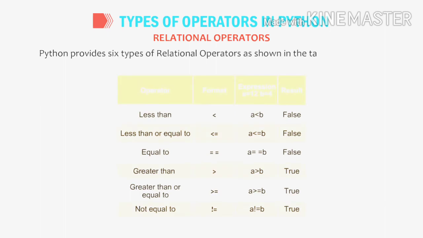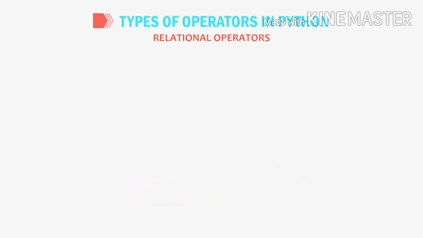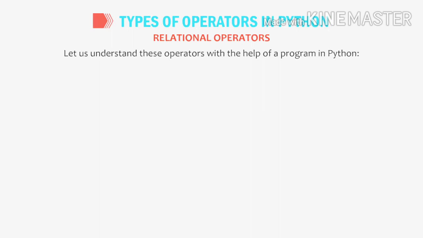Python has 6 types of relational operators as shown below: less than, equal to, greater than, greater than or equal to, and the last one, not equal to. Clear? Let us understand these operators with the help of a program in Python.